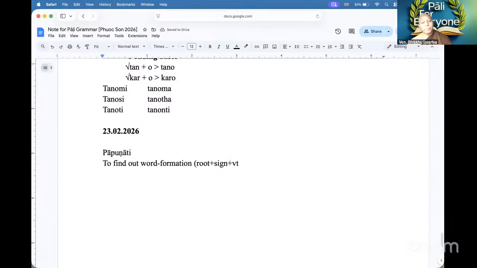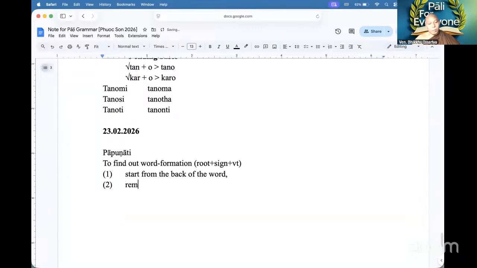We need to follow these steps. The first one is to start from the back of the word, to find it easily. And then step by step.